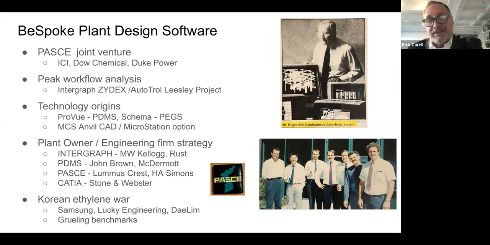There was a settlement at some point. We never knew what happened, but there was a legal settlement between PDMS and ICI over the ProView system. And I think ICI just said, why are we as a chemical company developing all this software? How do we get rid of it?